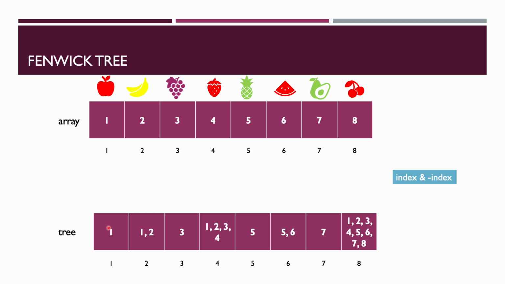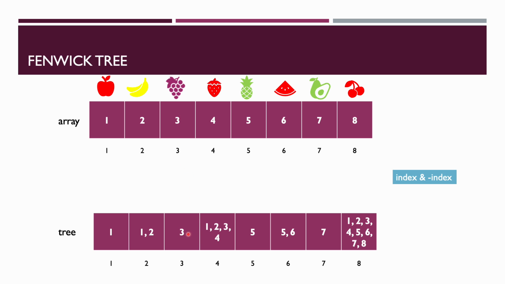But see this one thing here. For element 1 at index 1, we have 1. For 2, the second index of the tree holds 2 values. Which two values? It will always end in the current value. So ending at 2, and if we had a length of 2, it would obviously hold 1 and 2, right?